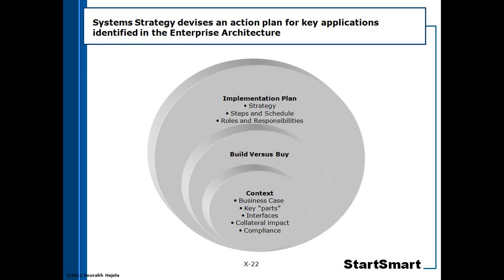Another place where I want to spend a minute is understanding all of these different things that we tend to call strategy. We need to understand the difference between system strategy, enterprise architecture, IT strategy, governance.